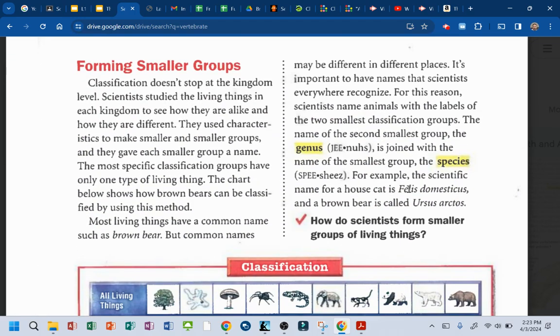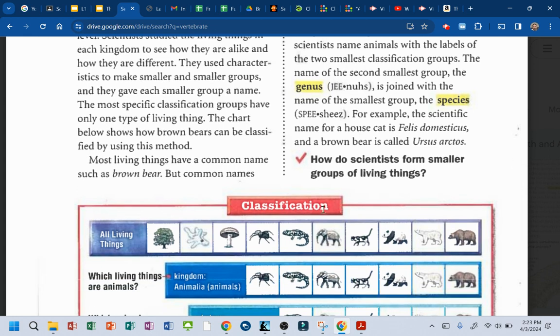Forming smaller groups. Classification doesn't stop at the kingdom level. Scientists studied the living things in each kingdom to see how they are alike and how they are different. They used characteristics to make smaller and smaller groups, and they gave each smaller group a name. The most specific classification groups have only one type of living thing.